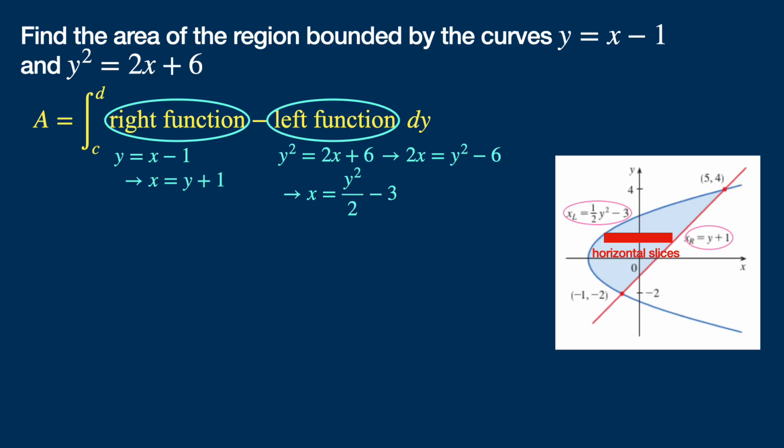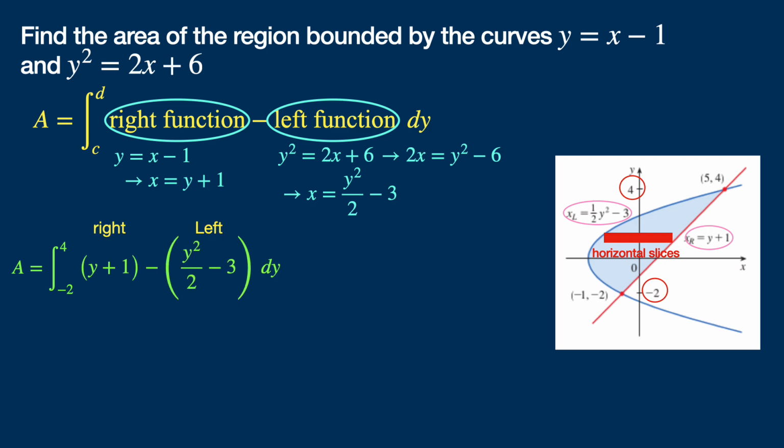So let's just set it up. We find the interval of y, not x, because this one is a horizontal slice. So the interval of y is negative 2 to 4. The area is going to be from negative 2 to 4. The right function is y plus 1. The left function is y squared over 2 minus 3.